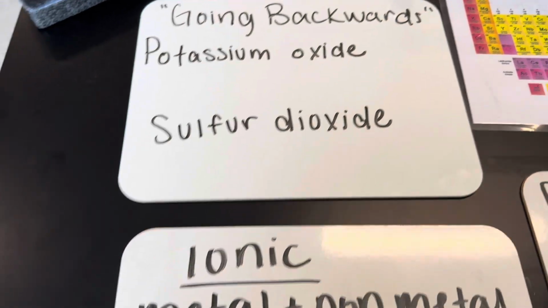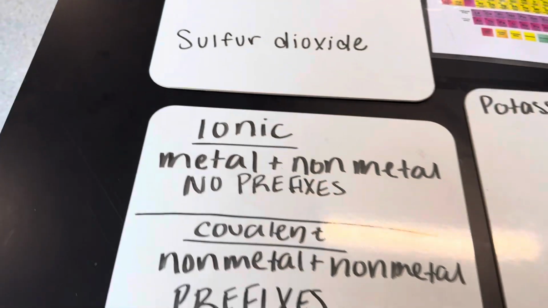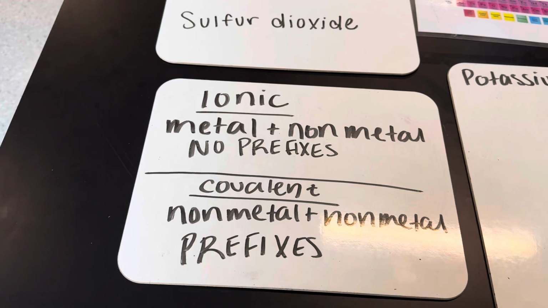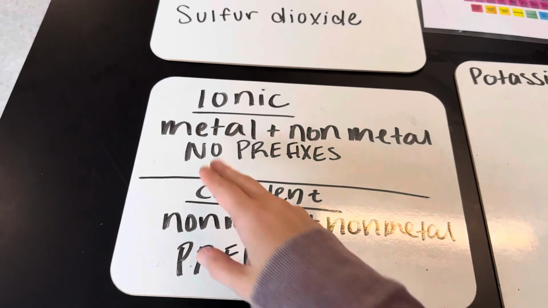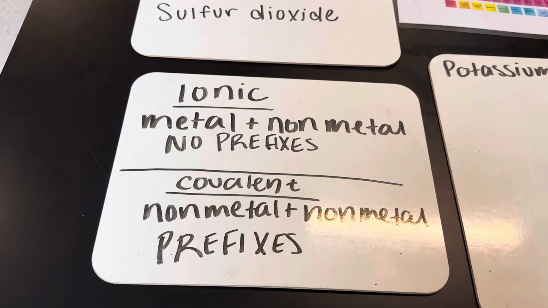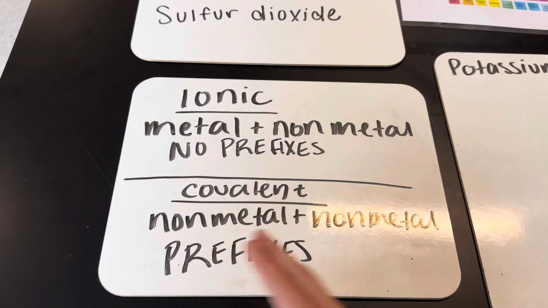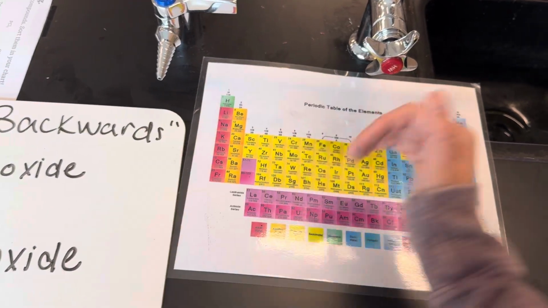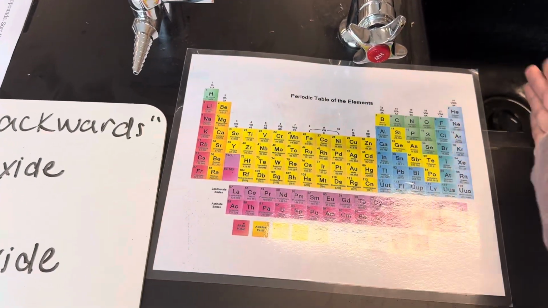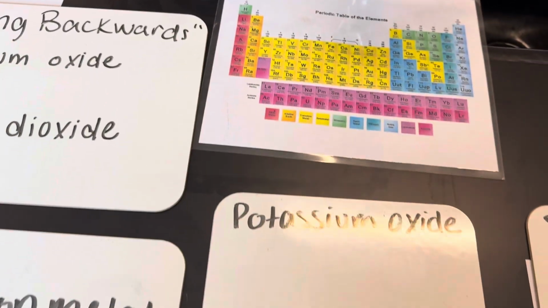So the first thing you need to do, like we were doing before, is decide if it's ionic or if it's covalent. The same way that we were doing before is to talk about if it's metal or non-metal. If it has a metal, that is going to be ionic. Non-metal and non-metal is covalent, and we talked about in the other video using the staircase. So this is all metal, this is all non-metal, except for hydrogen is a non-metal.